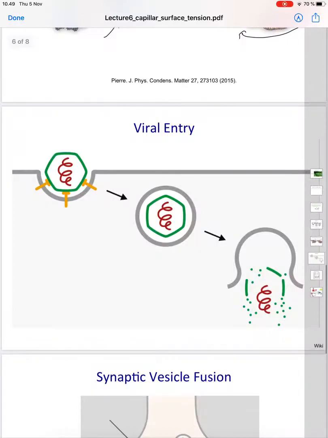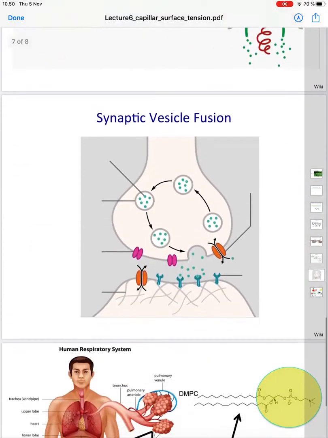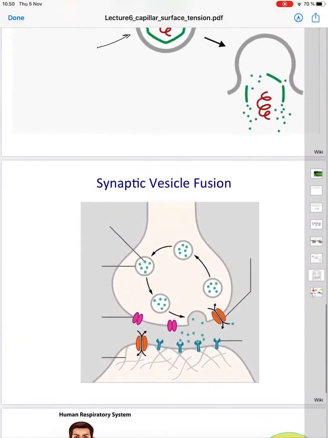Another example is the entry of a virus, which also depends on, in this case, endocytosis, and therefore the tension in the membrane. Another example where membrane fusion and surface tension is important is synaptic vesicle fusion.